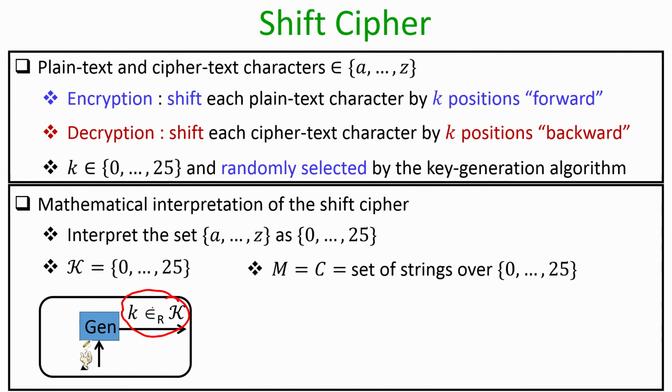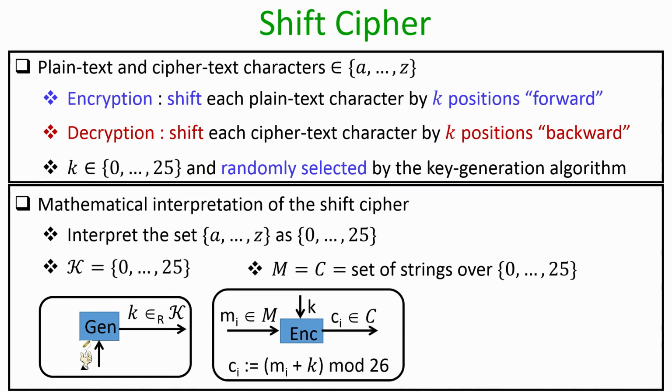So, the notation here, belonging to subscript r, denotes that the output of the key generation algorithm, namely small k, is randomly selected over the key space, and the randomness here is uniform randomness. So, the notation belonging to r denotes that the value is uniformly selected over the set capital K. So, that is the interpretation of the notation belonging to subscript r.